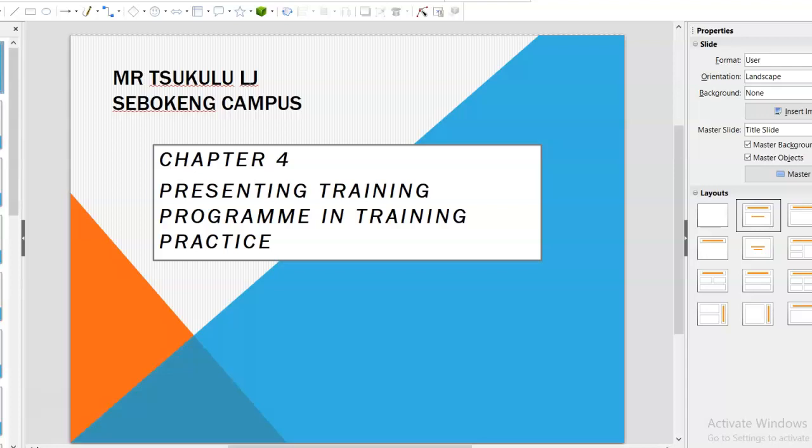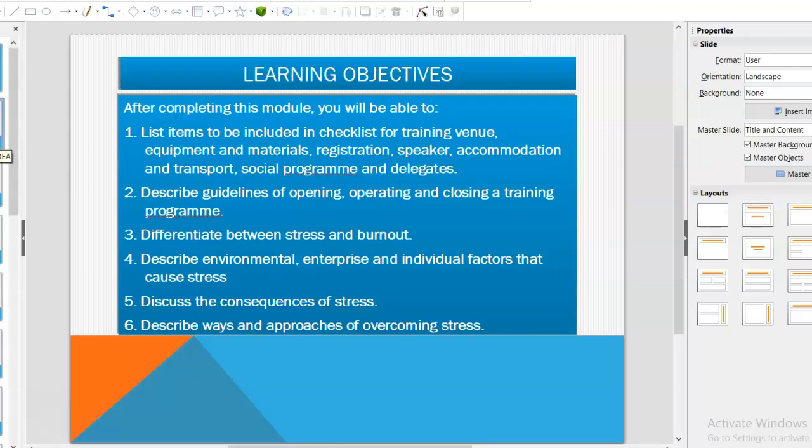This chapter is called Presenting a Training Program in Practice. And I want to say that it is divided into three categories. Category one would be the checklist before the training commences.